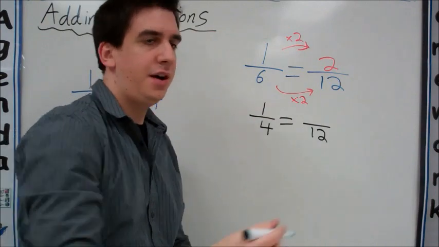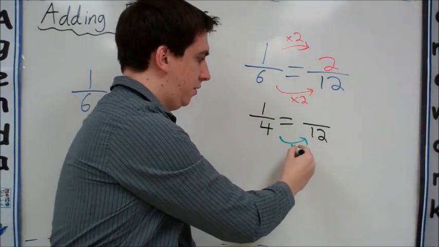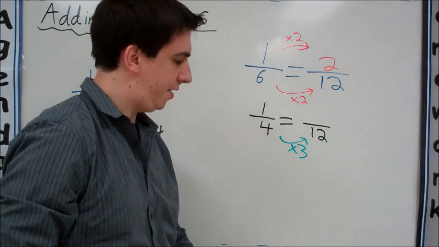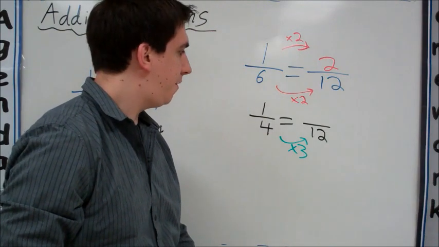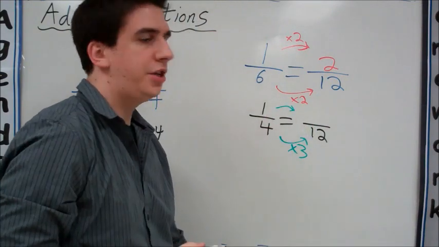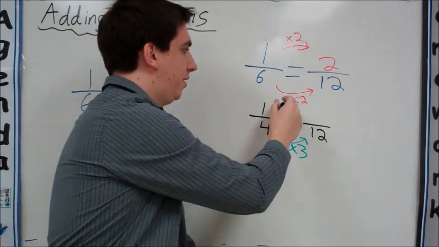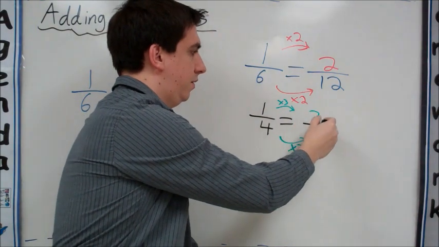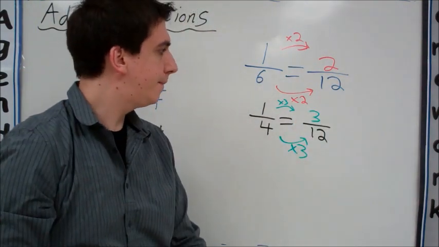To get from 4 to 12, we multiply by 3. To change our numerator, we also have to multiply by 3. 1 times 3 is 3.